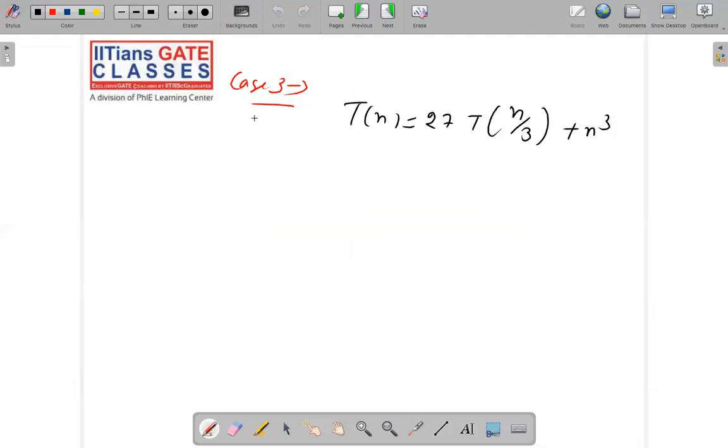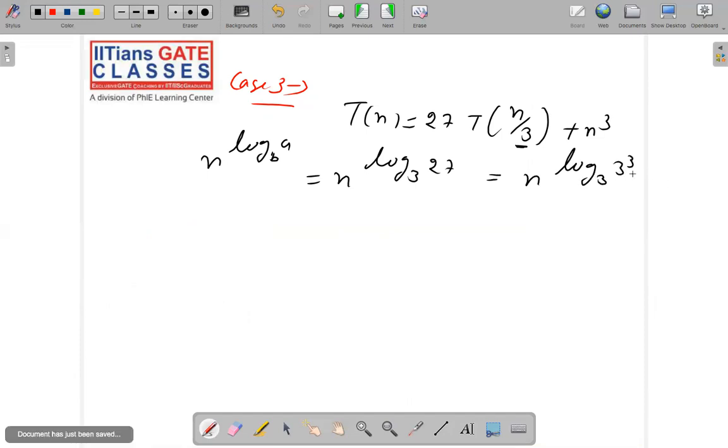Now let's calculate n to the log base b of a. What is the value of b? 3. What is the value of a? 27, which is n to the log base 3 of 27. 27 is 3 to the power 3, which is equal to n cube. If you put 3 here, log base 3 of 3 will be 1, right?